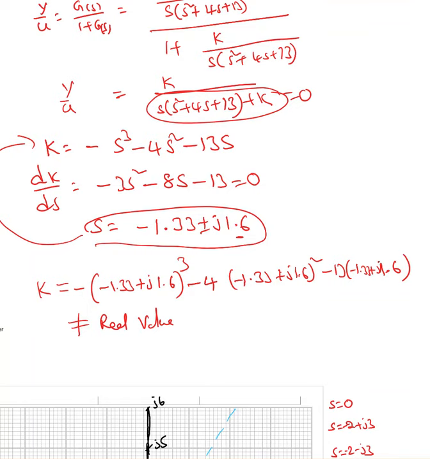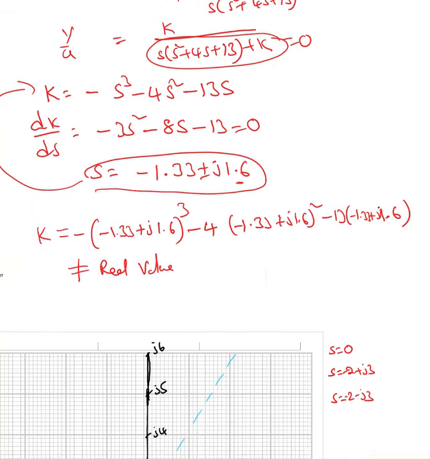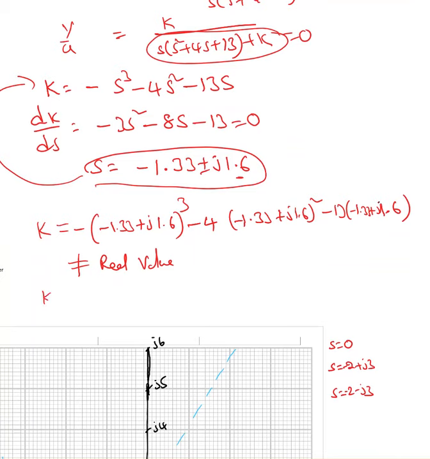If it is not a real value, then there won't be any breakaway point. Same thing when you substitute s equal to minus 1.33 minus j 1.6, that is also not equal to a real value. As long as it's not a real value, there is no breakaway point.